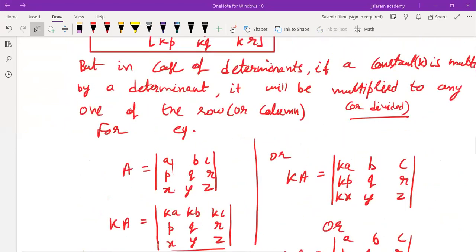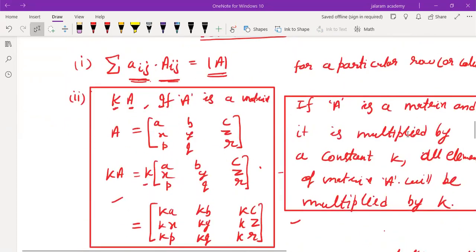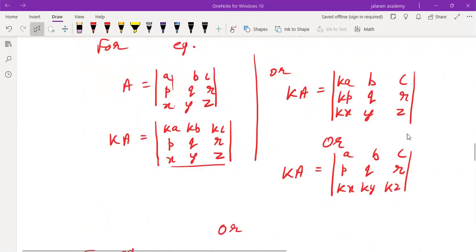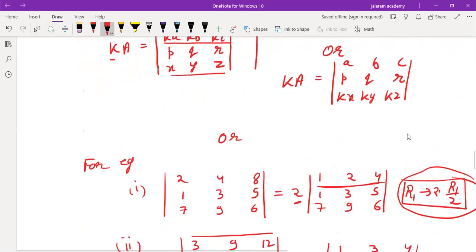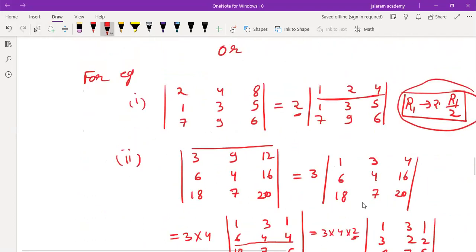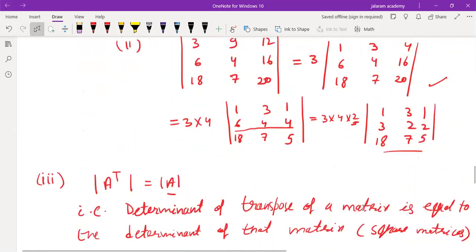Next property is multiplying a determinant by a constant. If we multiply determinant by a constant, it will be multiplied to any one row, like we have multiplied K to R1 only, or it can be multiplied by only one column. So using the property, we can take any one constant common from a row or a column, which we have discussed in these examples.